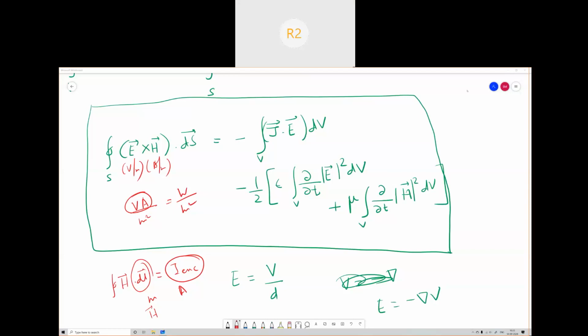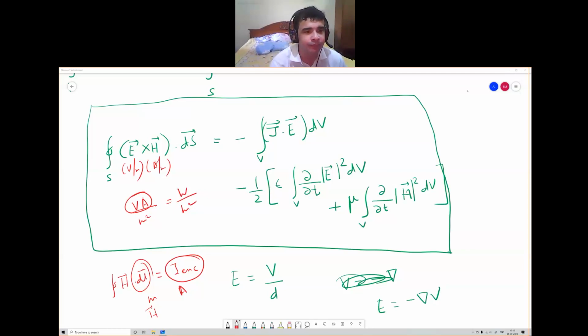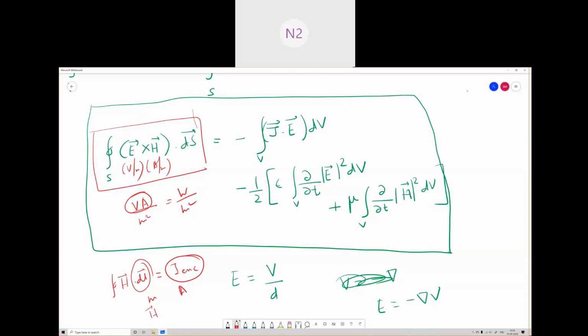Let us look a little bit more carefully. What is this? This is a type of flux, right? So it is the total amount of power that is entering the surface or leaving the surface.